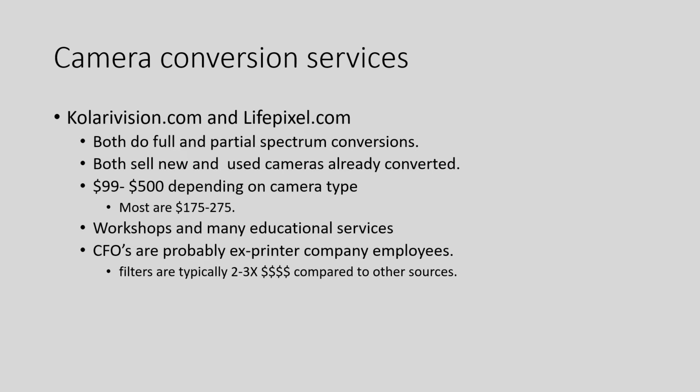The cost for conversion varies from $99 to $500 depending on type of camera. However, most common 35mm digital cameras fall in the range of $175 to $275. When you consider how much IR film costs these days and that digital cameras have no real exposure frame limits, that's a real true bargain.